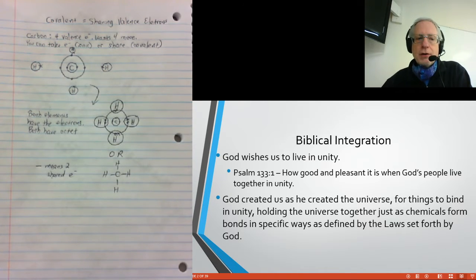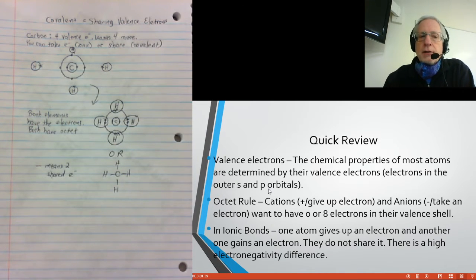Well, atoms have to do the same thing. I like to say God created the universe for things to bind in unity, holding the universe together just as chemicals form bonds in specific ways as defined by the laws set forth by God, which we try to interpret or discover through science. So just wanted you to think about that.